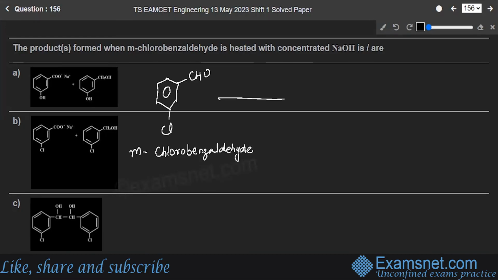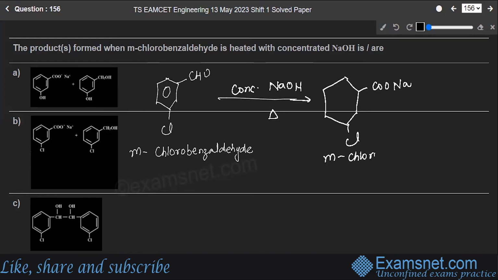This reacts, heated in the presence of concentrated sodium hydroxide. It gives you m-chlorobenzoate. So this is chlorine, and here you have COONa, m-chlorobenzoate.